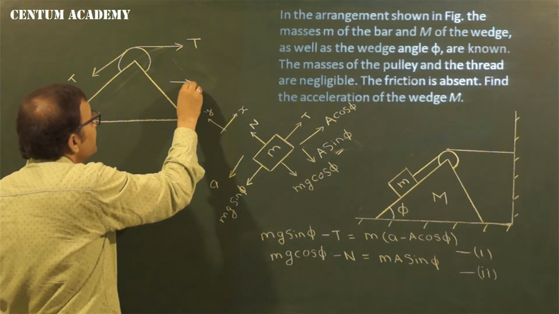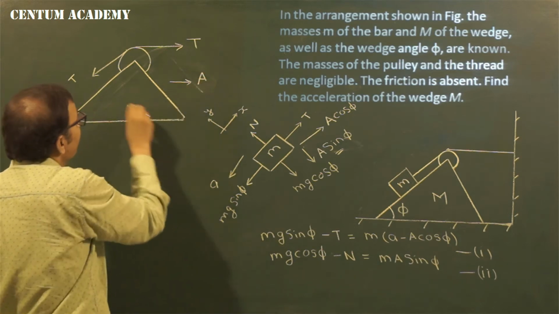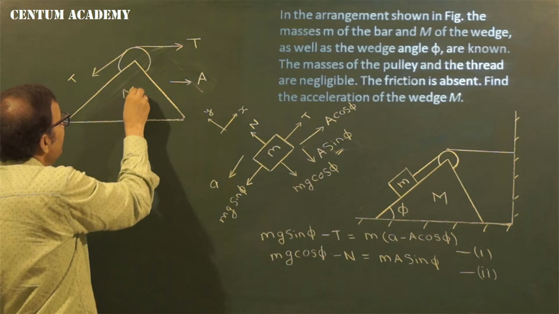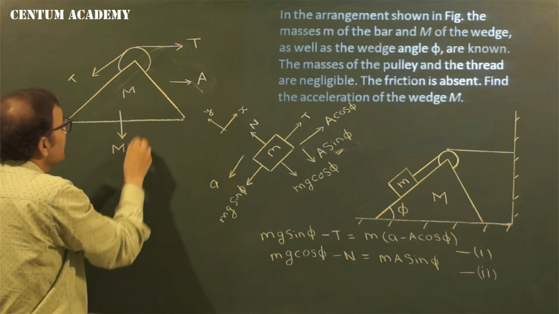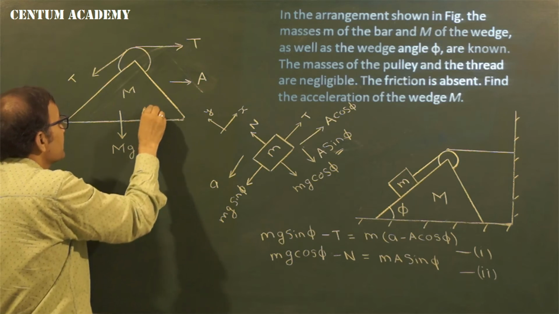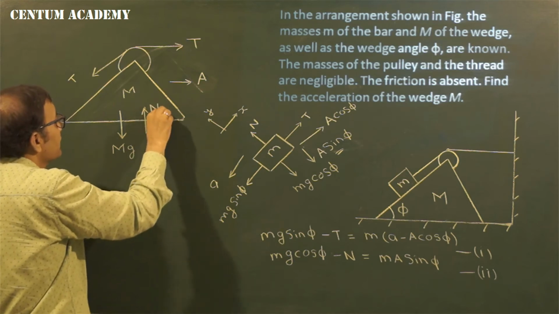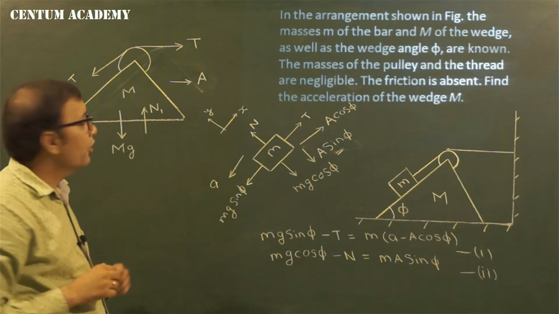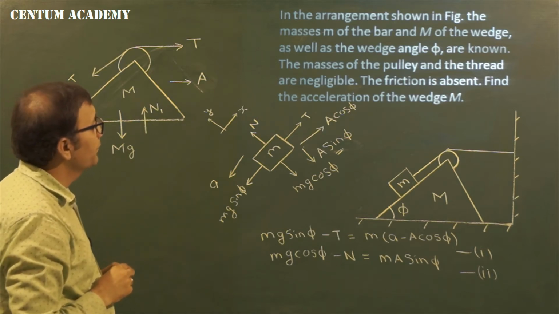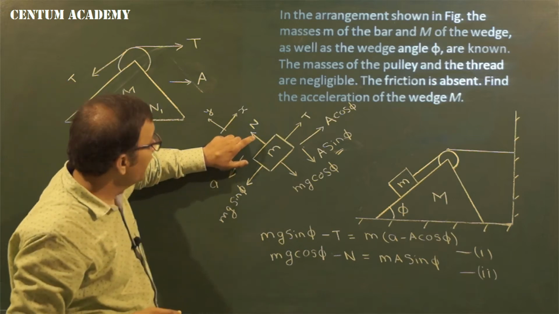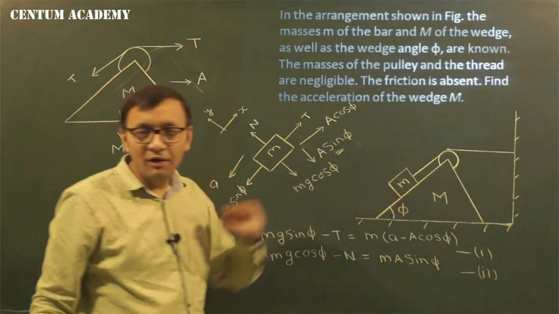The acceleration of the wedge is capital A, mass M, so there is Mg force downwards, and there is a normal reaction, let us call it N1, from the horizontal surface. Okay, any other force that we are missing here? This normal reaction is exerted by the wedge on small m, right?